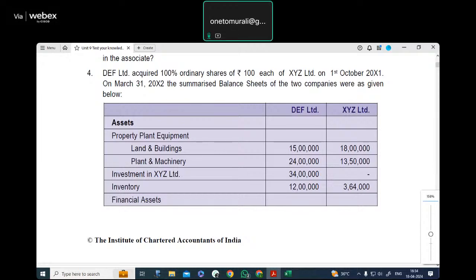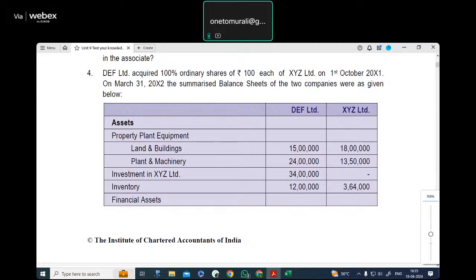DEF Limited acquired 100% ordinary shares of rupees 100 each of XYZ on 31st of October X1. On 31st of March X2, the summarized balance sheets of the two companies were as given below.